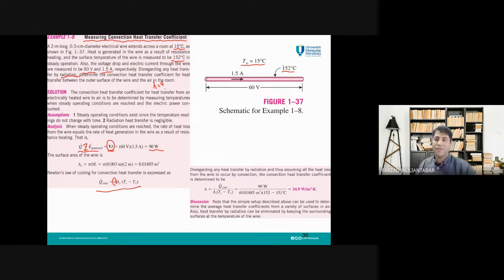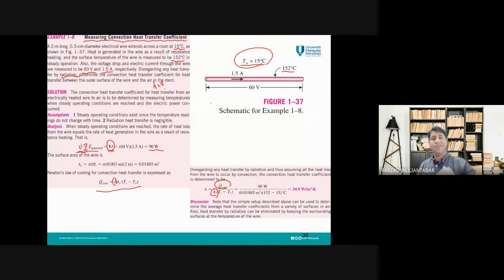We have Ts, 152, the temperature of the solid surface. We have T infinity, the temperature of the surrounding. And Q dot convection, we have calculated here, the amount of the heat transfer to the surrounding from the surface. How about the AS?